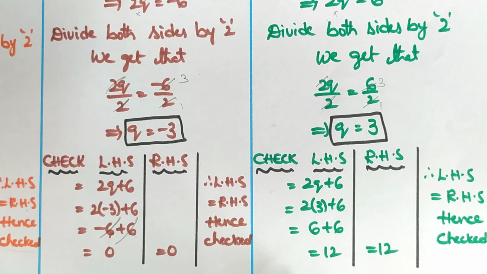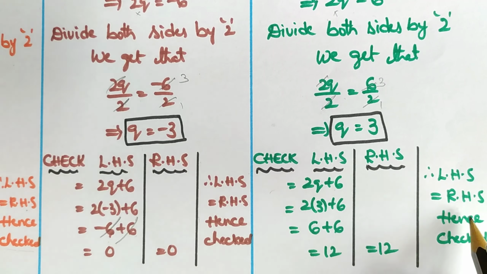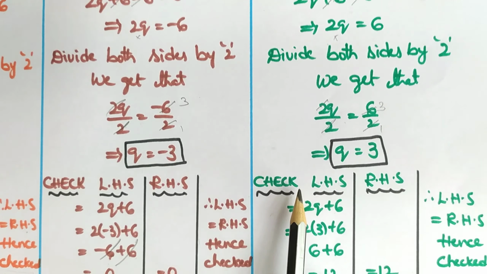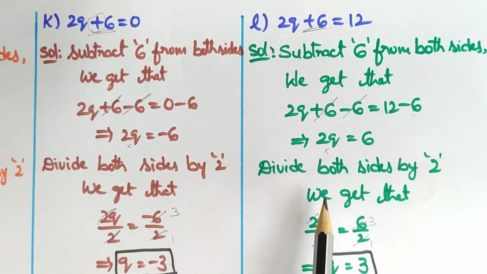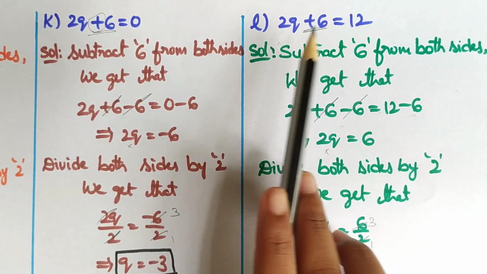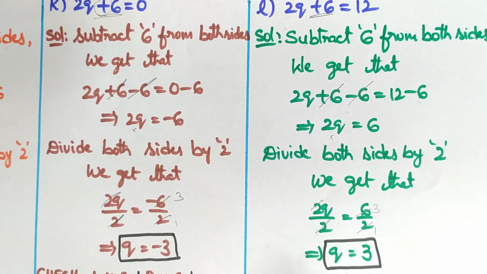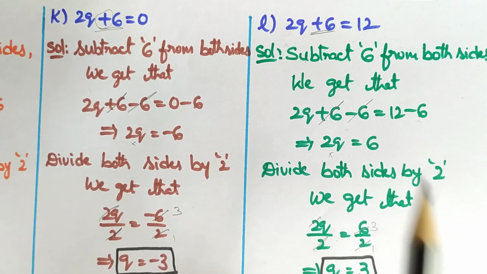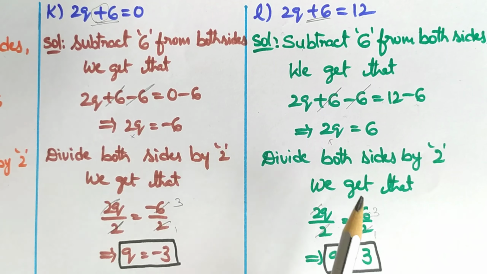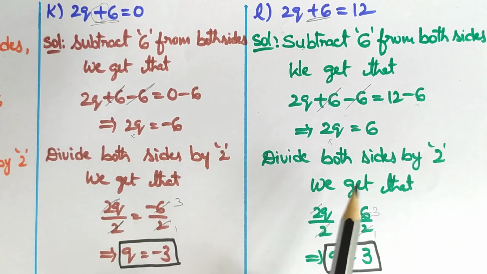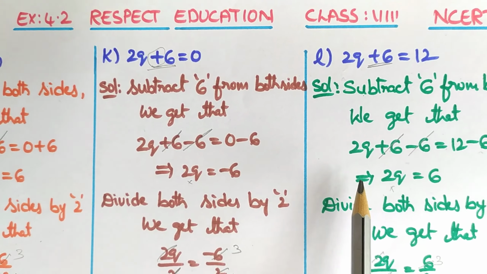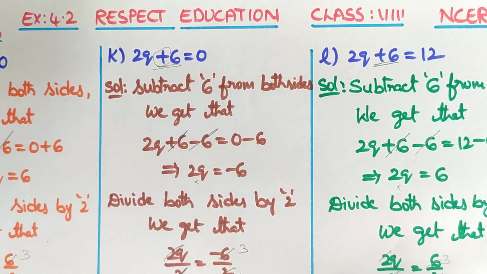So therefore 12 is equal to 12, where LHS is equal to RHS. Hence checked. q is equal to 3. So with this, 2q plus 6 is equal to 12, where q is equal to 3 is the right answer for this L bit. So with this L bit, the fourth problem in exercise 4.2 gets completed.